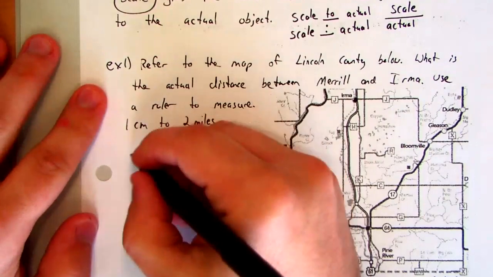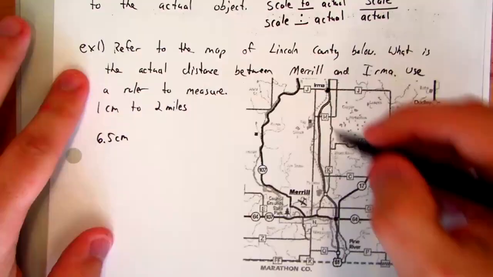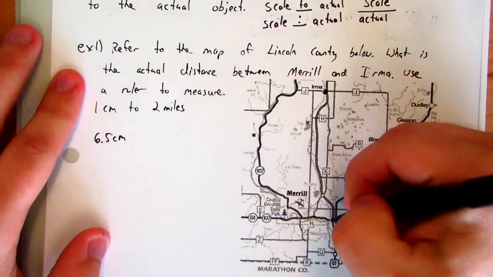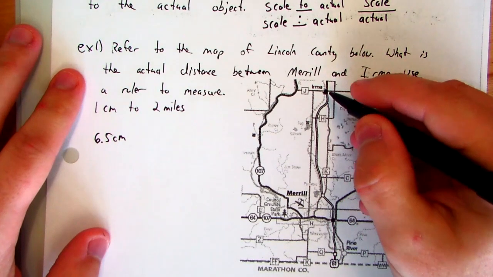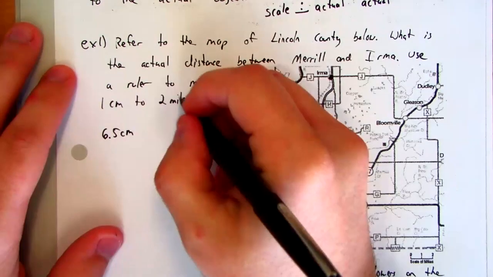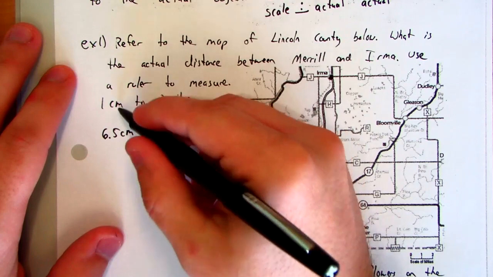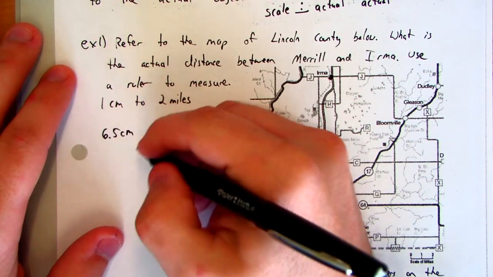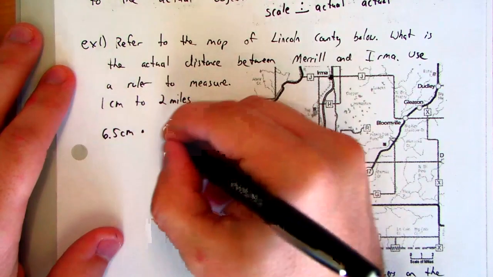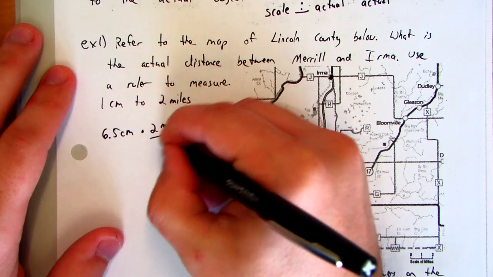Now, because we have 6.5 centimeters between Merrill and Irma, I'm going to multiply this by the scale factor. This scale, 1 centimeter for every 2 miles, means that if I have 6.5 centimeters, I'm going to multiply that by 2 miles for every 1 centimeter.